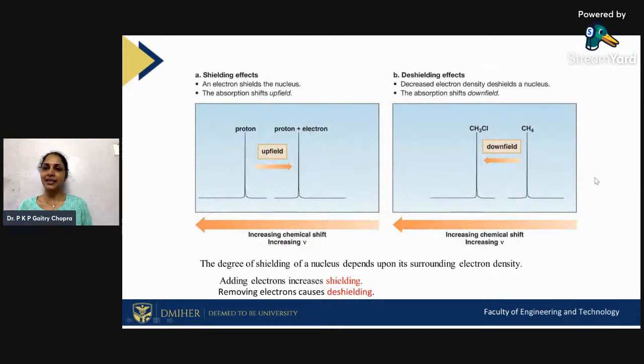De-shielding shifts the signal towards downfield, and shielding takes the signal upfield. And this shifting of your signal from the reference or from the standard to the actual signal that you get because of the presence of protons is called the chemical shift. The shift in the signal is called the chemical shift.